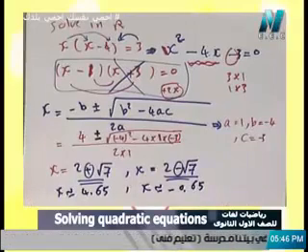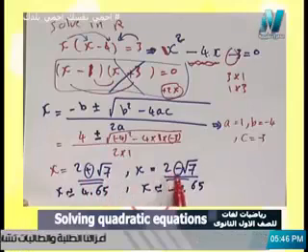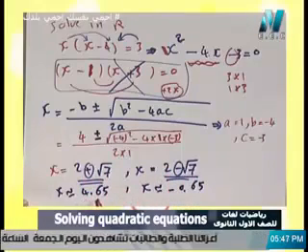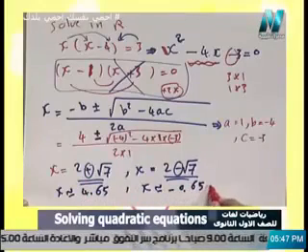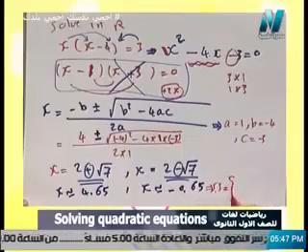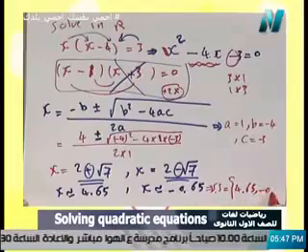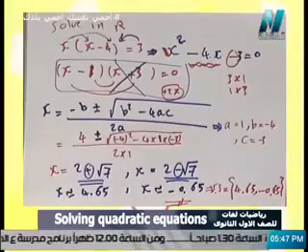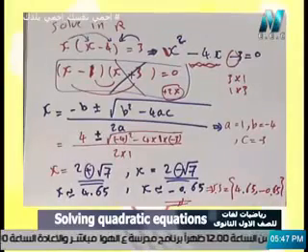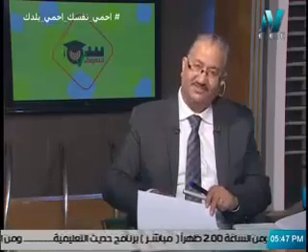So our roots, 2 plus root 7 and 2 minus root 7, or 4.65 and negative 0.65, and we will find the solution set here is 4.65 and negative 0.65. Okay, so we have the solutions now.